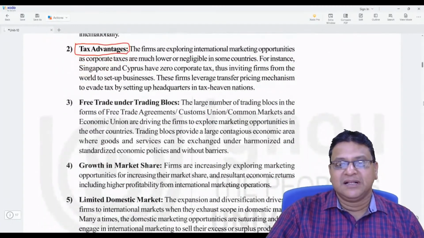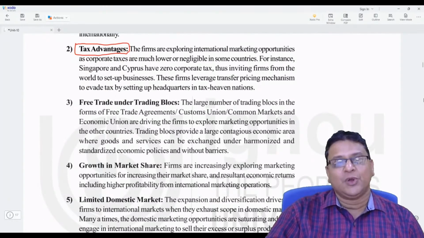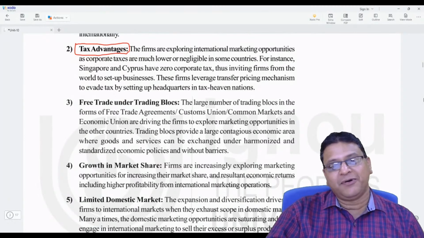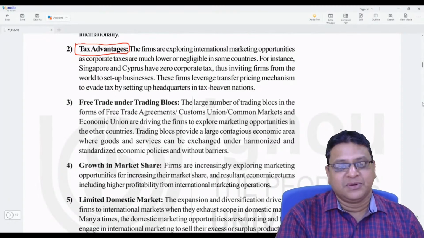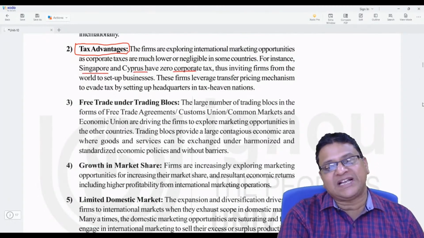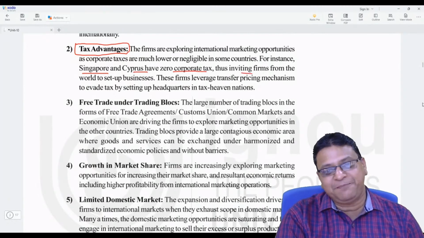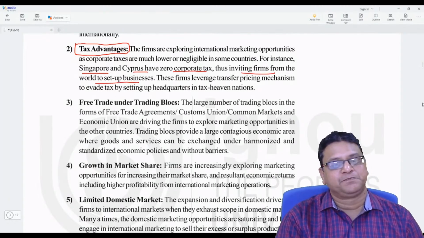Nowadays, many countries are charging low tax for MNCs. There are countries like Singapore, Cyprus, which have zero corporate tax. They invite firms from the world to set up their business there.